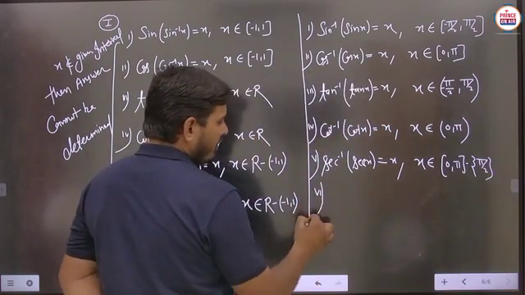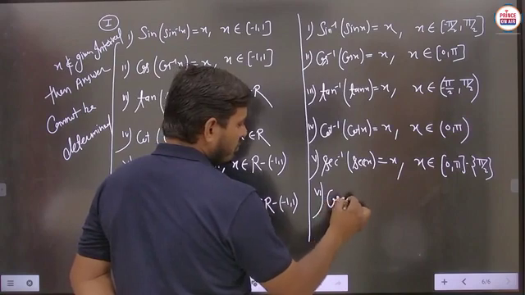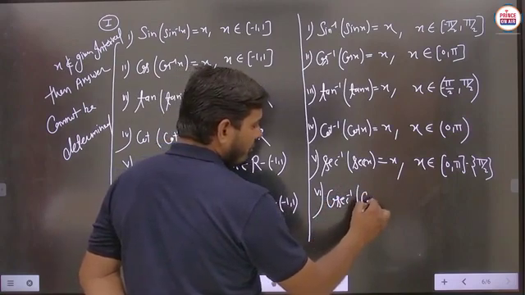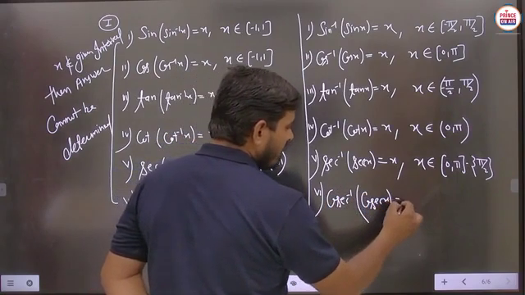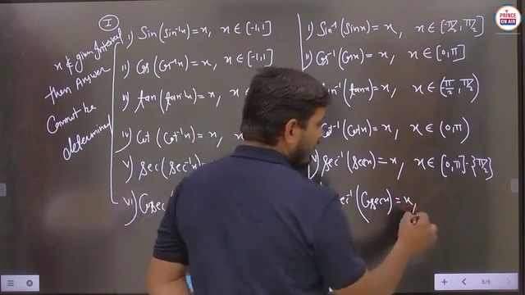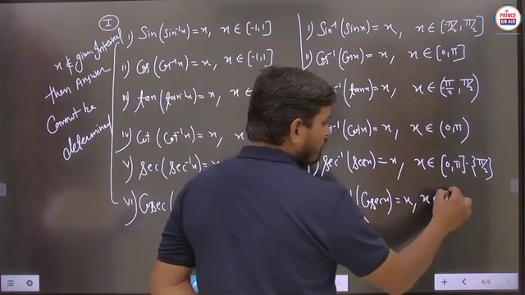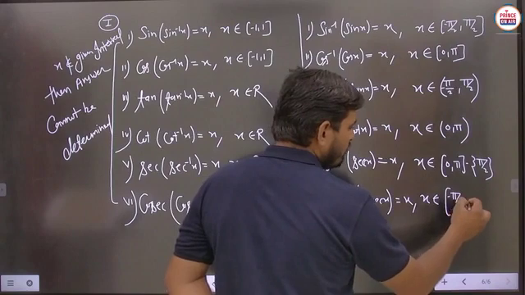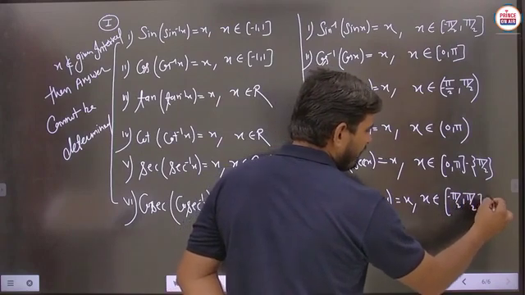And finally we will write this part for cosec inverse. So cosec inverse of cosec x will be equal to x if x belongs to minus pi by 2 to plus pi by 2 except 0.